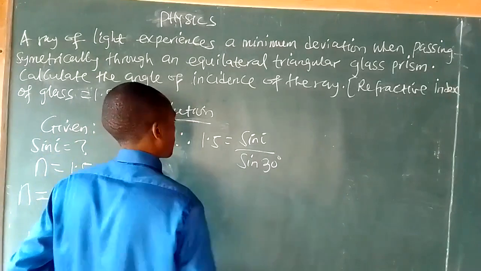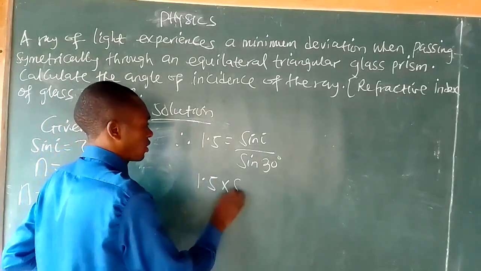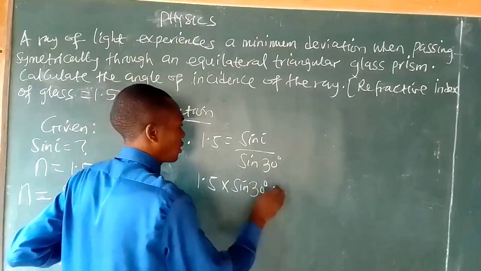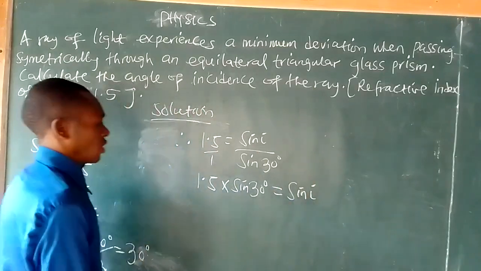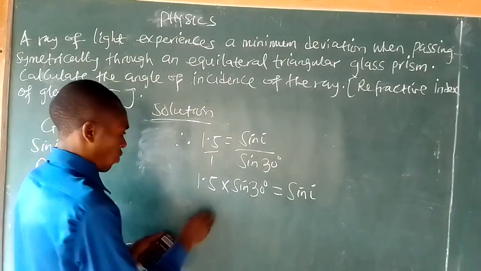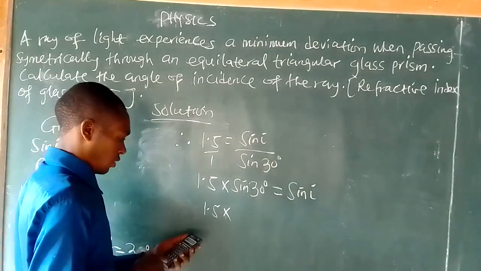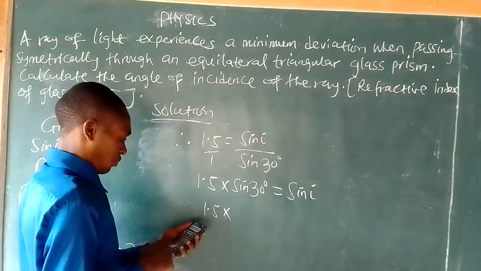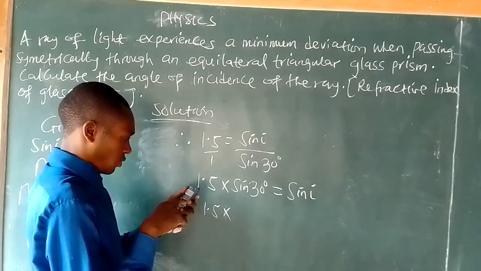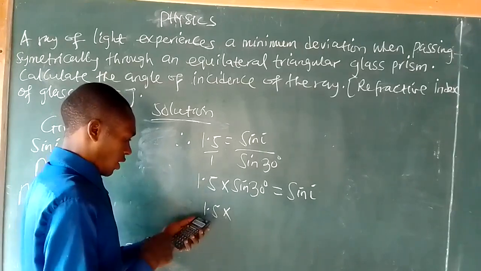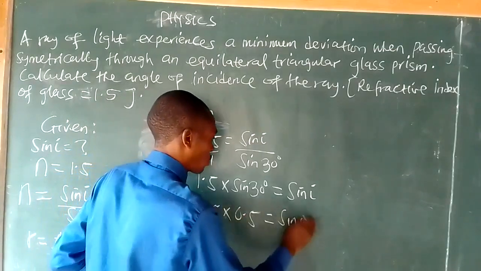When we cross multiply this, we have 1.5 times sine 30 degrees over 1 equals sine I. Sine 30 is 0.5.